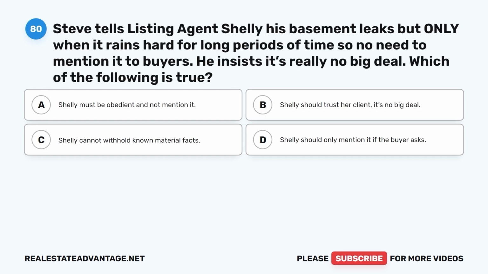Question 80. Steve tells listing agent Shelley his basement leaks, but only when it rains hard for long periods of time, so no need to mention it to buyers. He insists it's really no big deal. Which of the following is true? A. Shelley must be obedient and not mention it. B. Shelley should trust her client.